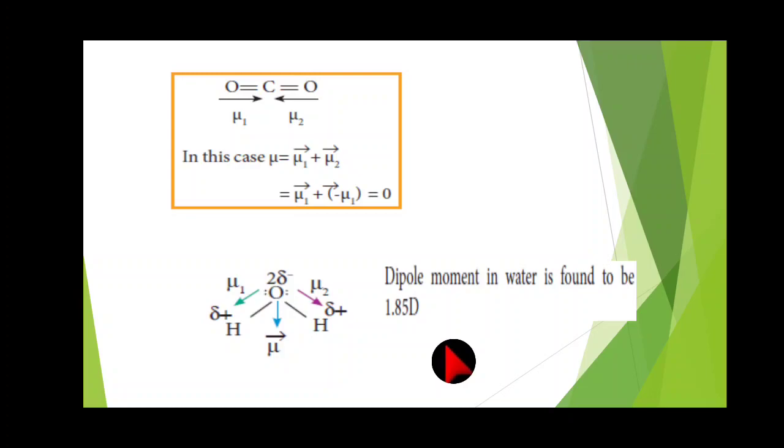If it is greater than 1.7, it means more than 50% ionic character. If it is lesser than 1.7, the bond AB has less than 50% ionic character, right?